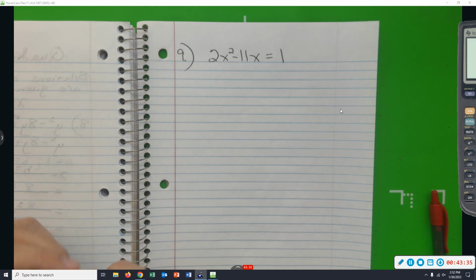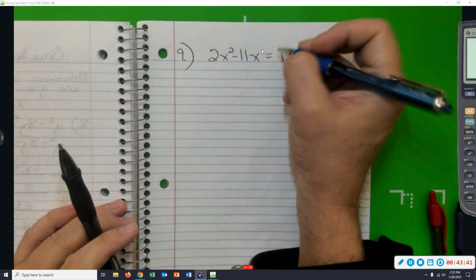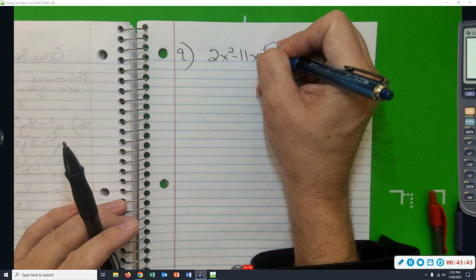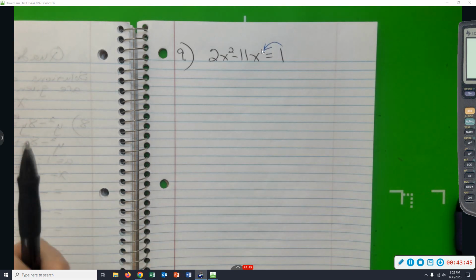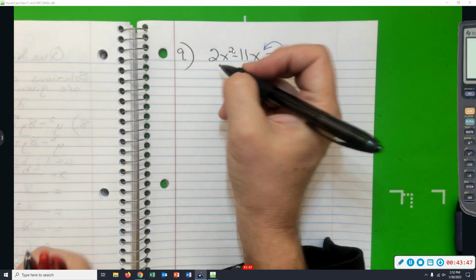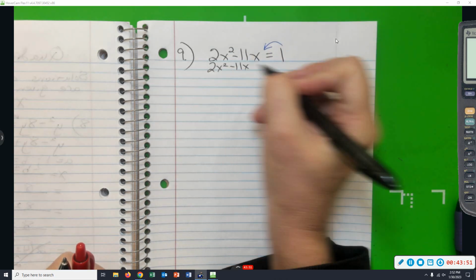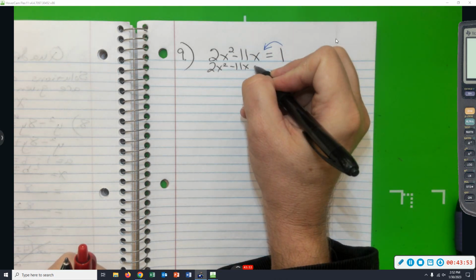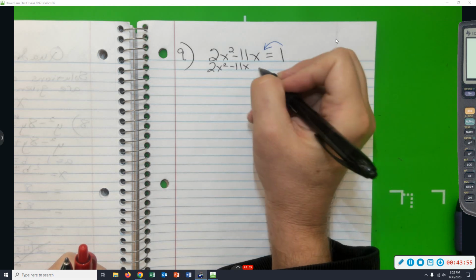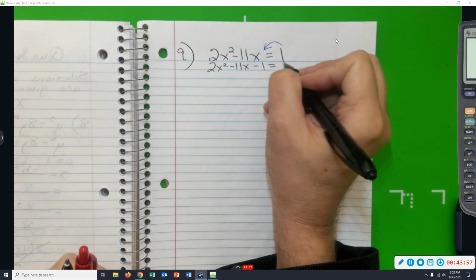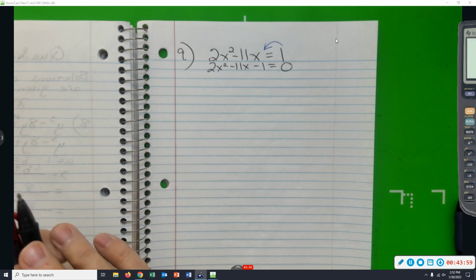Yeah, okay, right. Get the 1 over. You're moving that 1 over. How about these in red? Add some color to it. So that gives us 2x squared minus 11x minus 1 equals 0.